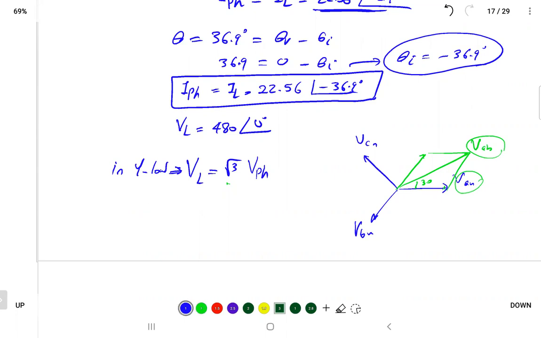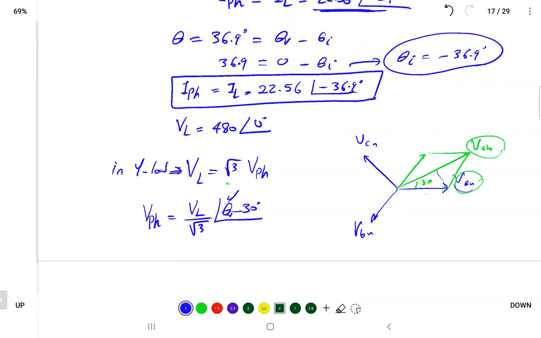So I can say now the phase voltage is equal to the line voltage divided by √3, smaller. This one is bigger. And whatever angle you have for the voltage, you just subtract 30, because the phase is behind the line voltage. It's below, so it means lagging.